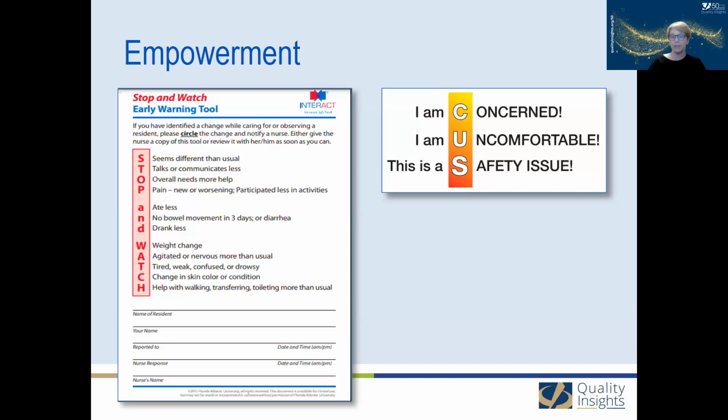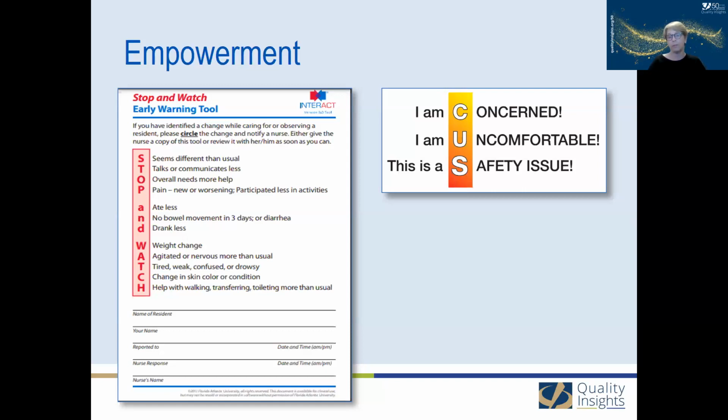People like nursing assistants, dietary aides, housekeepers, and of course, even family members are those who know our residents the best. They know them better than the infection control nurse or the supervisor, or in many, many cases, even the physician.